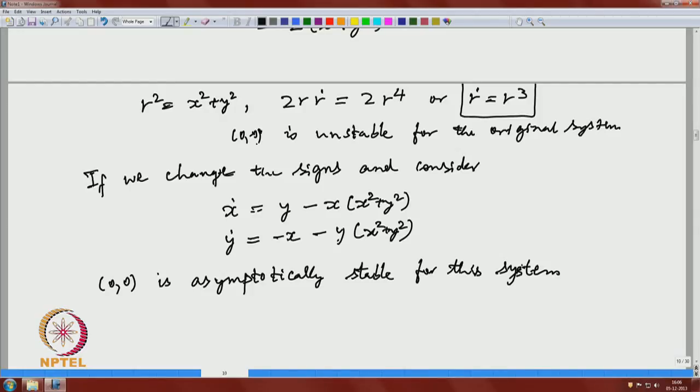Okay, so linear stability analysis in this example shows that it may not give the correct picture as far as the original system is concerned.